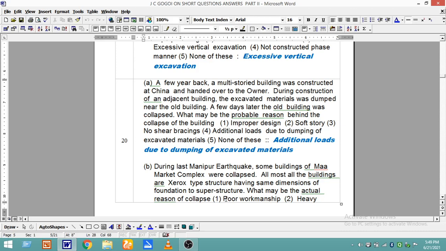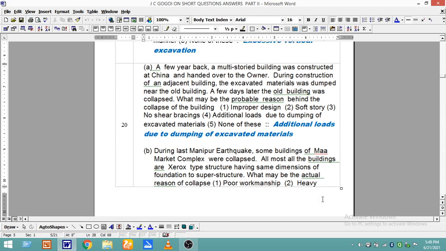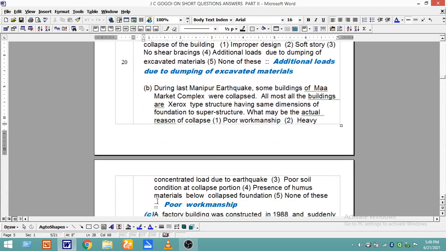Given results are poor workmanship, heavy concentrated load due to earthquake, poor soil condition at collapsed portion, presence of humus material below collapsed foundation, none of this. See, that is a big market. It is a very big market, the biggest market. There are a lot of buildings.